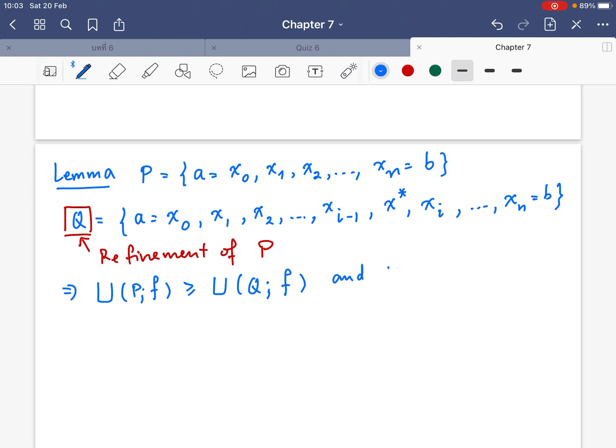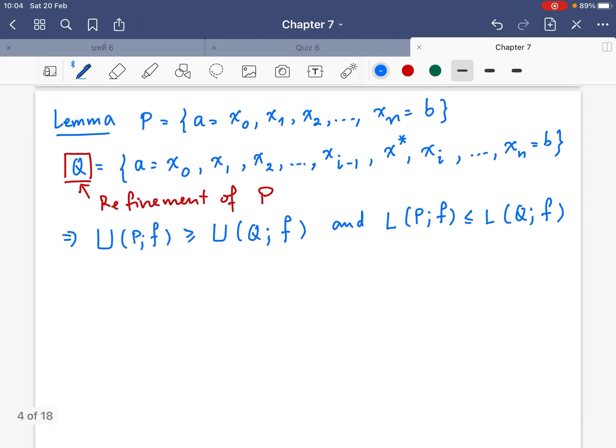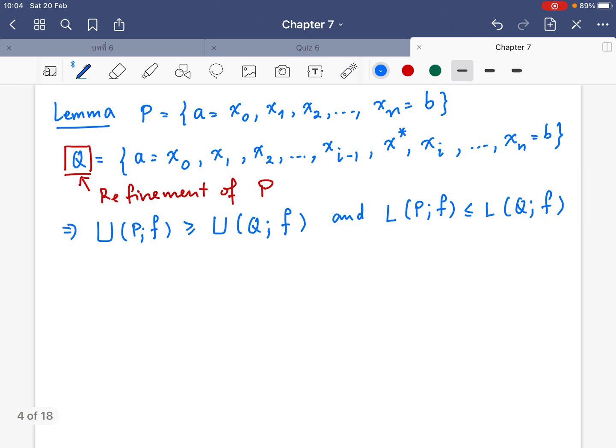And the lower sum of P will be less than or equal to the lower sum of the refinement. This also is like what we have seen in the example, as I showed you in the picture previously.